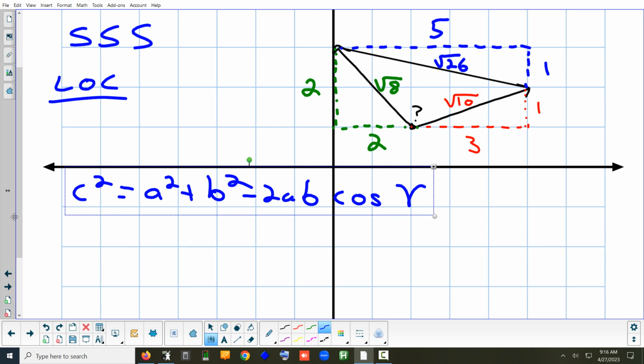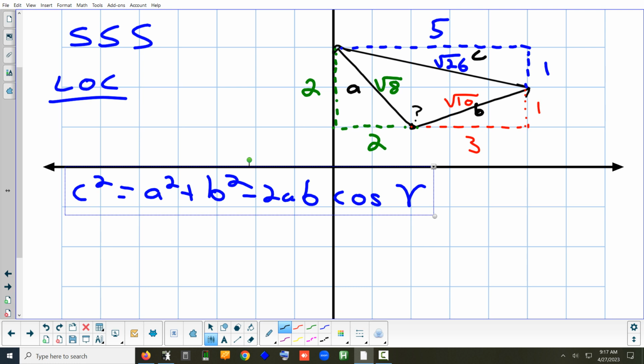So let's fill in our numbers, they're all square roots, into that formula and see if we can get the angle. So this is going to be our A, that's our B, and that's our C. So C squared, actually when we square them, it's going to work out nice.